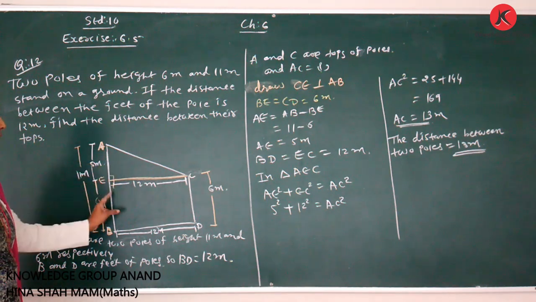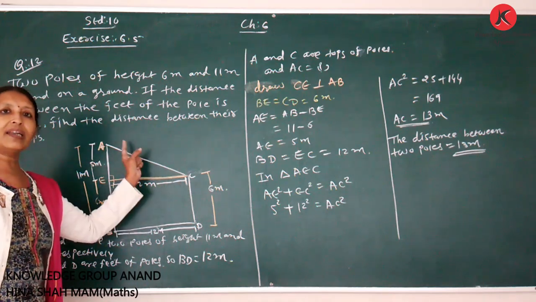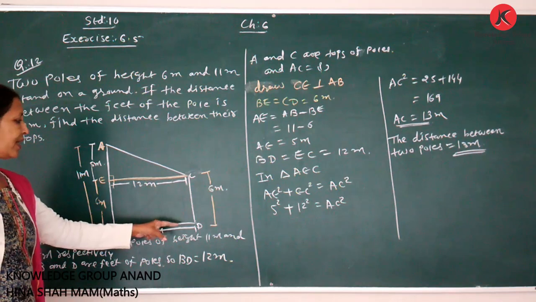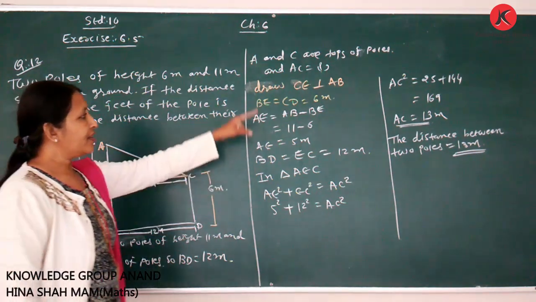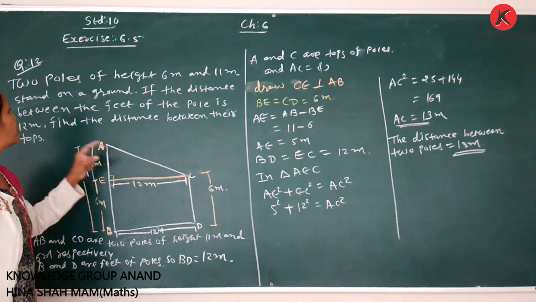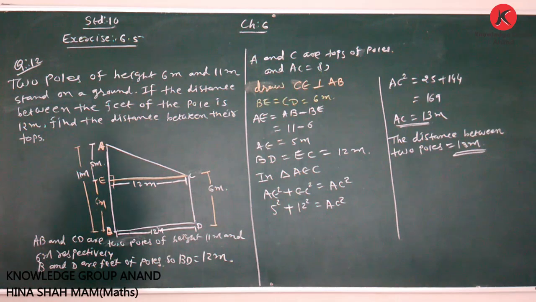In triangle AEC, AE square plus EC square is equal to AC square. 5 square plus 12 square, we get here 13 square. Therefore, the distance between the tops of these two poles is equal to 13 meter. Question number 12 completed here.